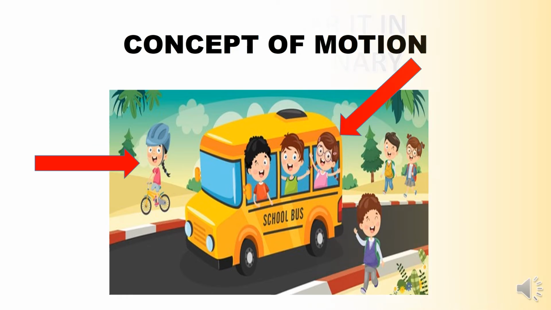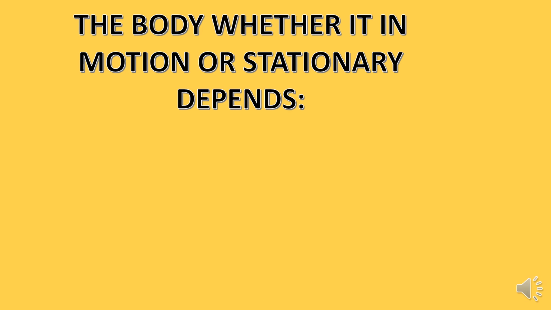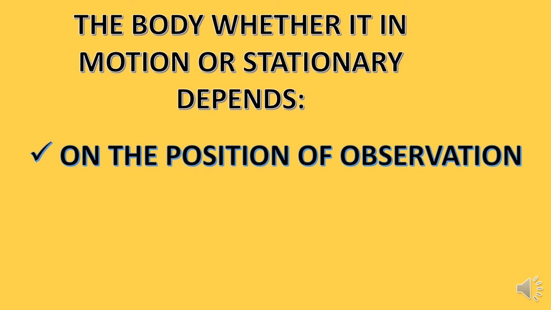So the body, whether it is in motion or stationary, हम कब किसी बॉडी को या कब हम किस चीज़ को मोशन कहेंगे कि ये मोशन में है या फिर ये स्टेशनरी है, it depends on the position of the observation. It depends on the position from where the observer is looking, because in the previous picture we see that the two observers were at different places. एक बच्चा बस के अंदर था और एक बच्चा बस के बाहर था.